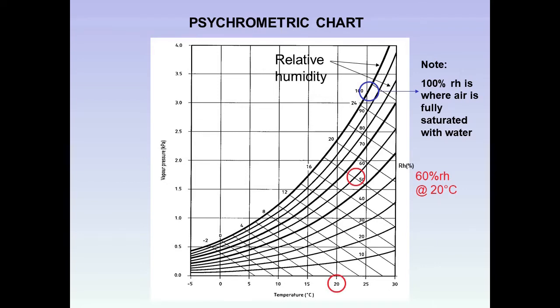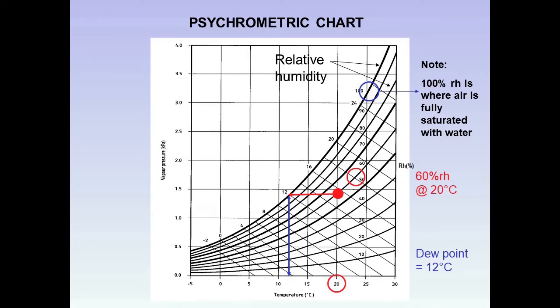There's our 60% RH line and 20 degrees at the bottom. Where those two meet, we put a mark. We then extend from that mark horizontally to the 100% line. That is where the air is fully saturated with water. It can no longer retain the water present. We then drop a vertical line down to the base, and this tells us that the air is saturated at 12 degrees.